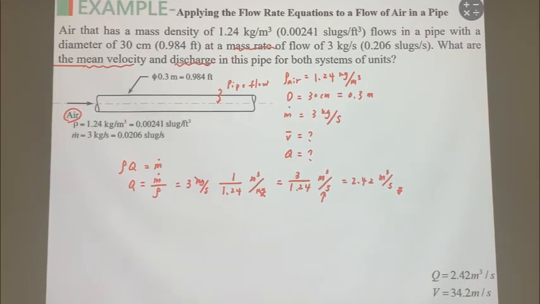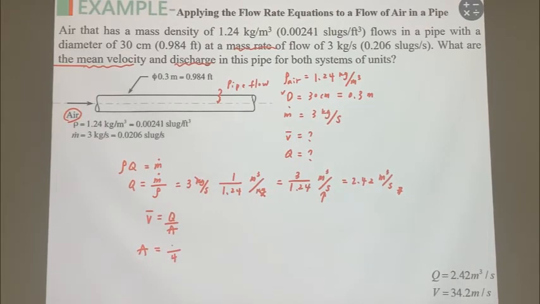Okay, so you have the discharge, and then the mean flow velocity is equal to Q divided by the total cross-section area, right? Following this formula, you don't know A, so we compute A first. This is pipe flow, so we know the cross-section area is a circle, and the question tells you the diameter is 0.3.